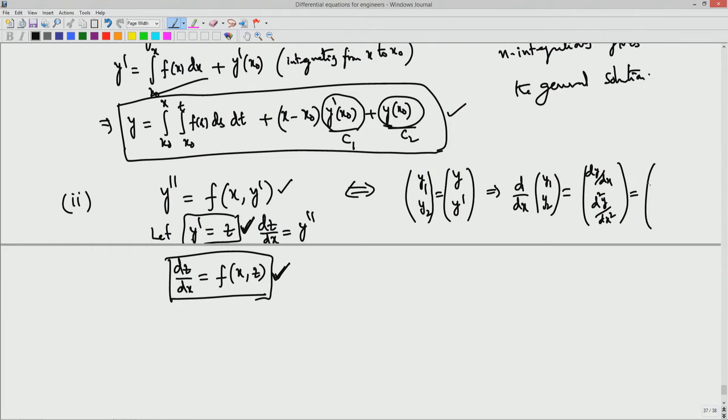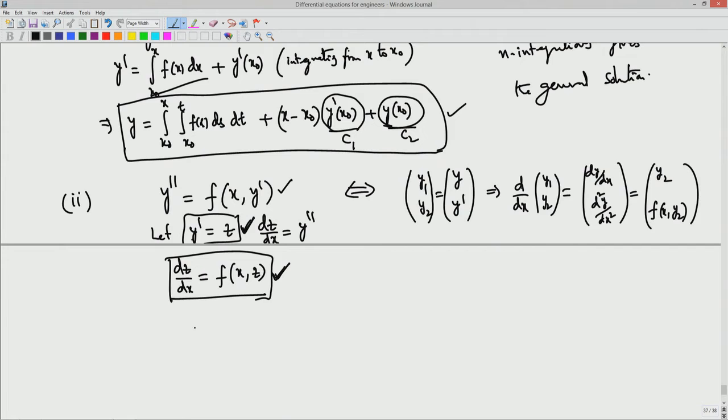So, dy by dx is nothing but y2. So, this is my y2, and this is equal to d square y by dx square, which is f of x comma y dash, that is y2. Okay.